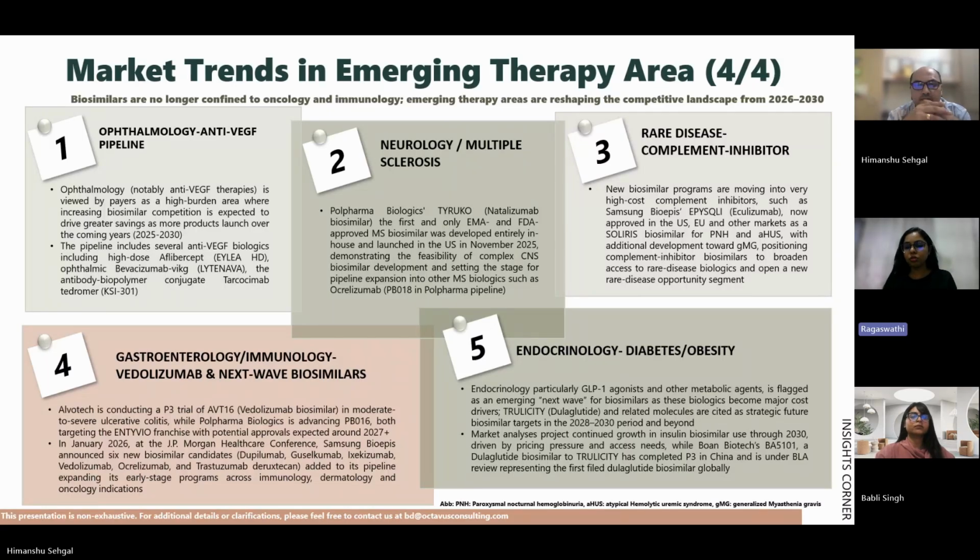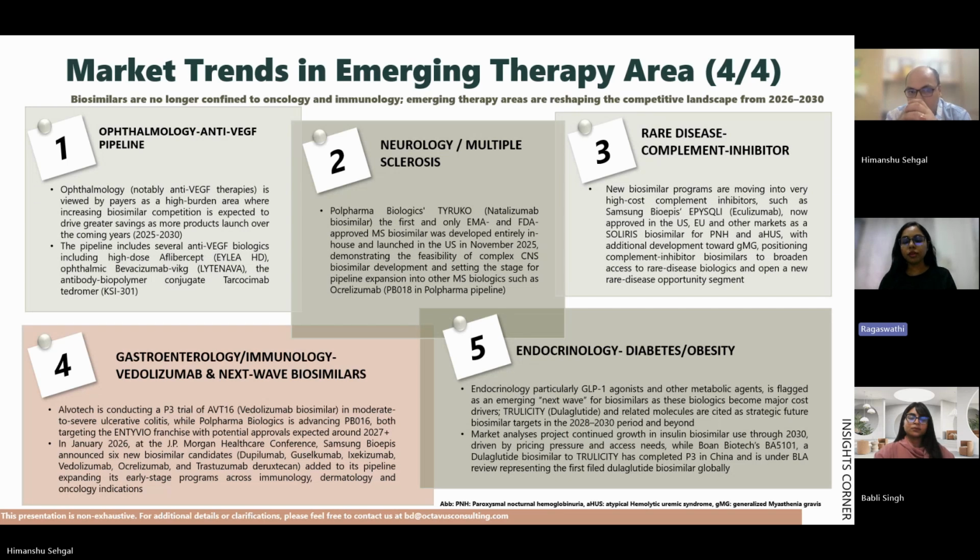The next wave in the biosimilar market may be the Trulicity biosimilars in the upcoming years, because that has a huge market everywhere, led by diabetes and obesity patients in the current scenario. After endocrinology, I would like to talk about the ophthalmology market, where the biosimilar pipeline is currently flooded with anti-VEGF products. So the next trend we can see after onco, immuno, and endocrino should be ophthalmology.